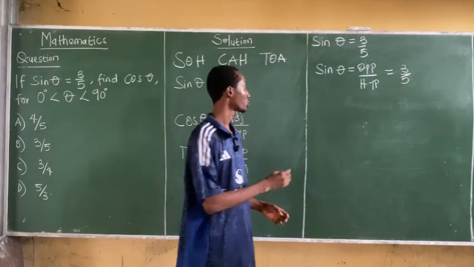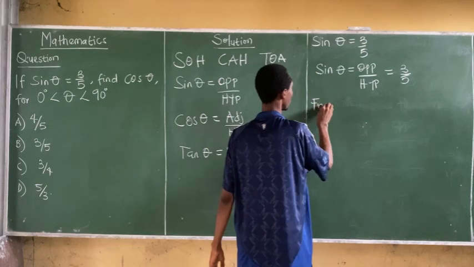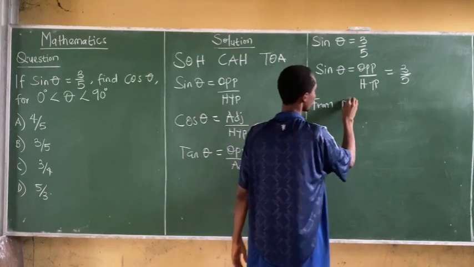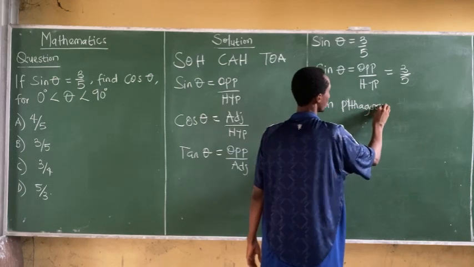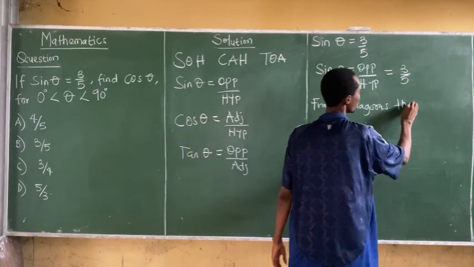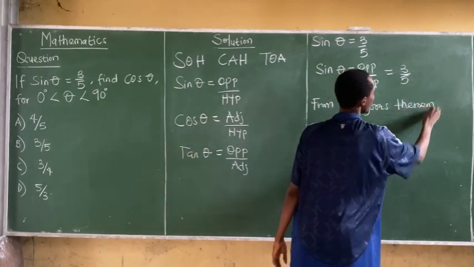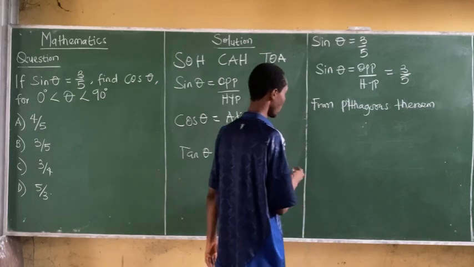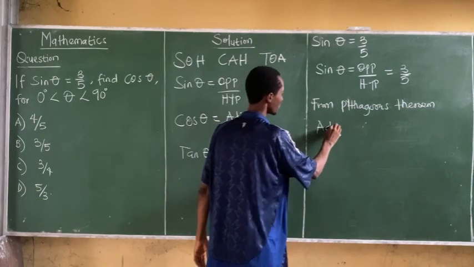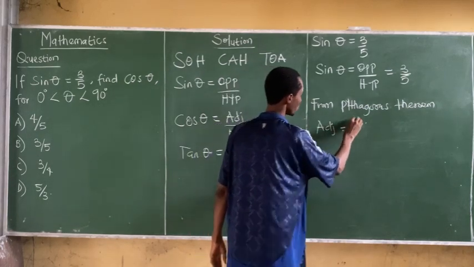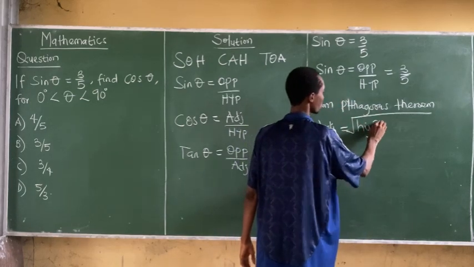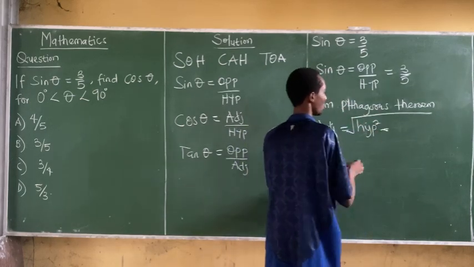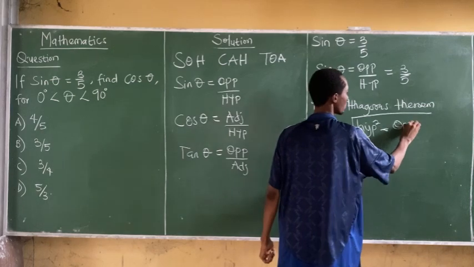From Pythagoras theorem, we have that adjacent is equal to the square root of hypotenuse squared minus opposite squared.